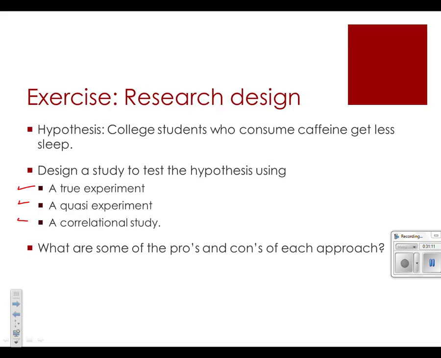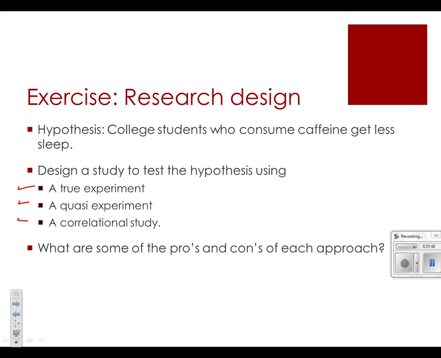Okay. A quasi-experiment would be a little bit easier. You would not have to go out and randomly assign groups and manipulate them and control their caffeine intake for the duration of the study. You could maybe just recruit people, ask them if they are coffee drinkers or non-coffee drinkers, and assign them to groups that way.